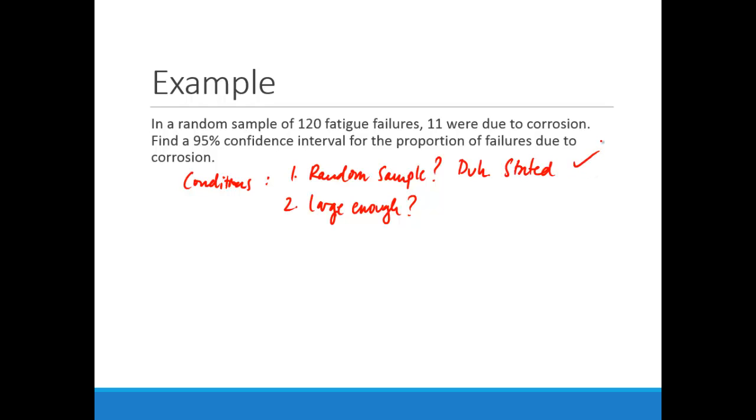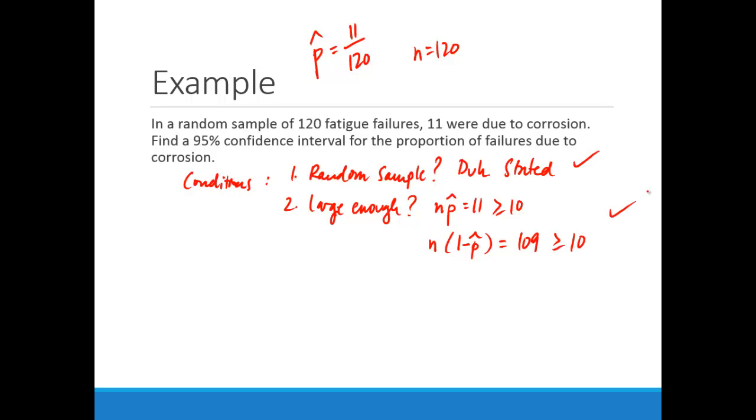So we're good to go there. Large enough: my sample proportion p hat is my number of successes, which is those failures due to corrosion, out of my sample size, which is 120, so n equals 120. So n times p hat is 11. Well, that's bigger than 10. And n times 1 minus p hat is 109, which is bigger than 10, so we're all set there as well.